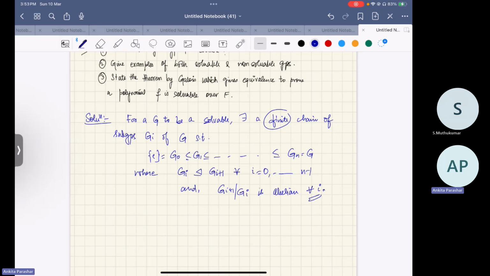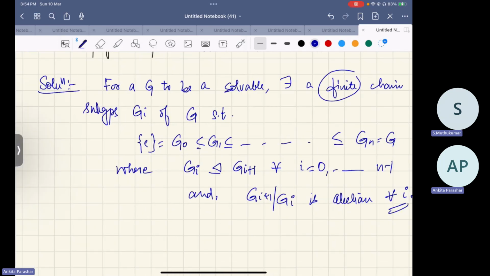Solvable means you should find a chain of normal subgroups, and if you cannot find one, then they are not solvable. Of course, saying non-solvable is tough because you have to argue there is no such chain. But saying solvable is easy. You have to find one chain.